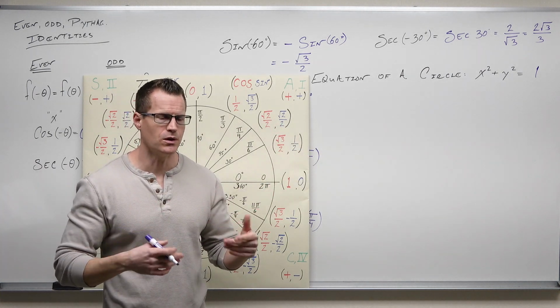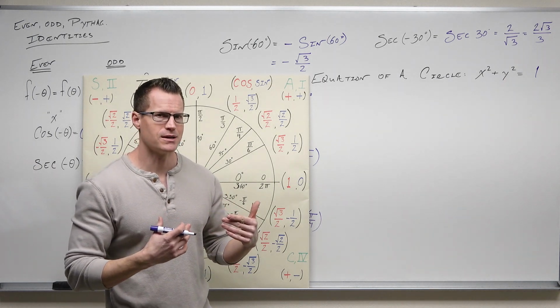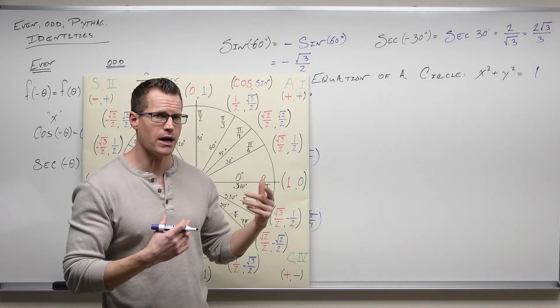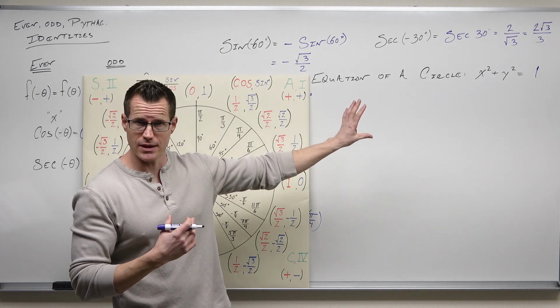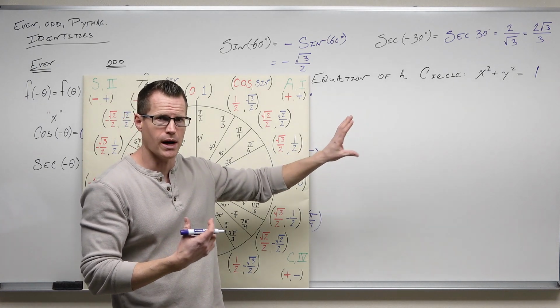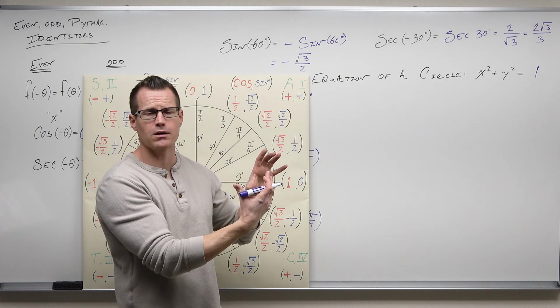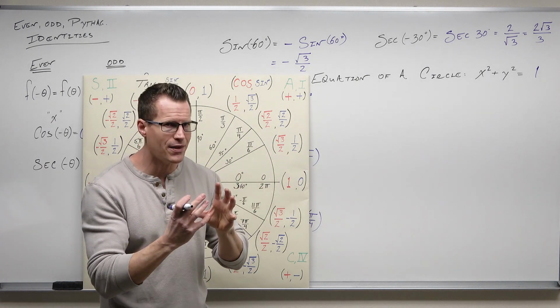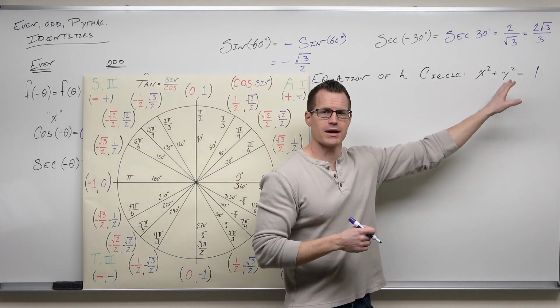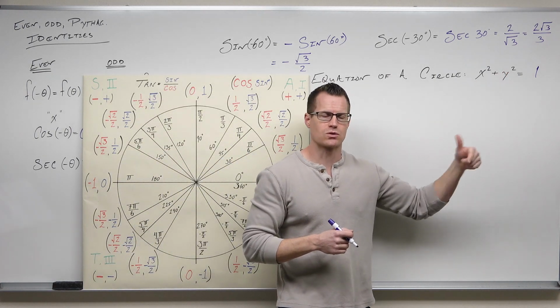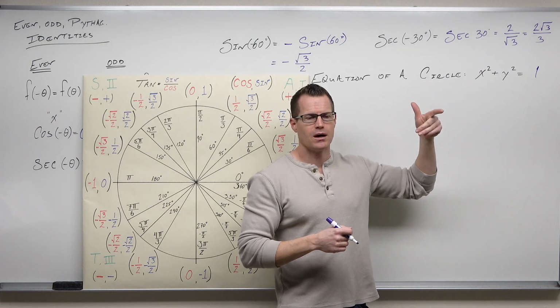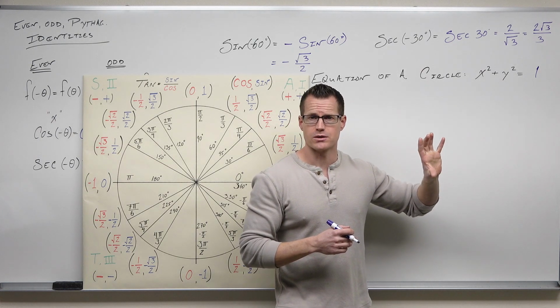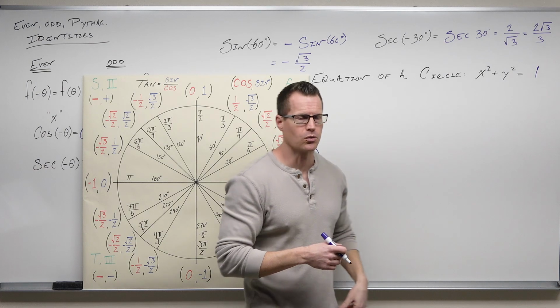So here's what we're about to do. Because cosine theta is x and because sine theta is y, we can substitute those into that equation of a circle. Why? Because we're talking about a unit circle here, and we're going to get what is called a Pythagorean identity. Why is that? Because it's based on the Pythagorean theorem, which is the equation of a circle, or the equation of how a right triangle described on a circle works, or any right triangle really.